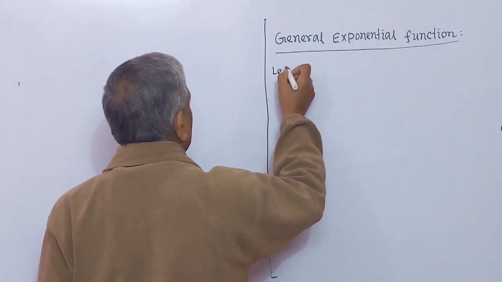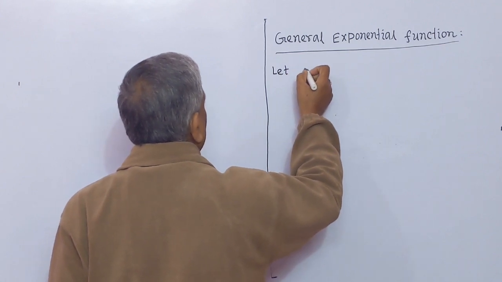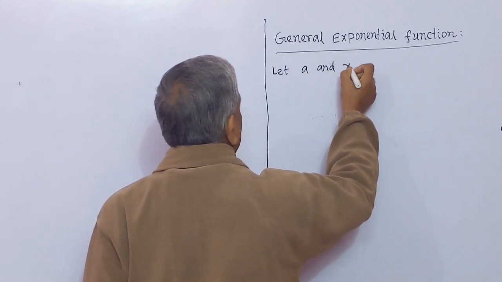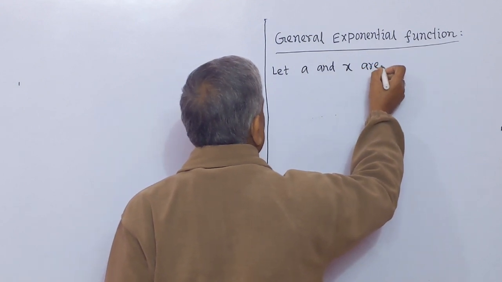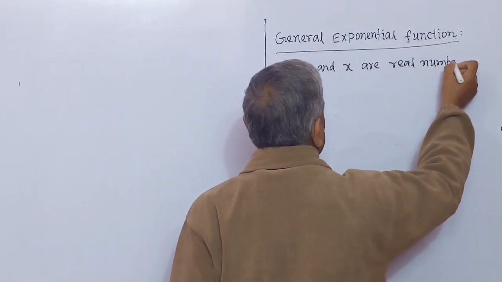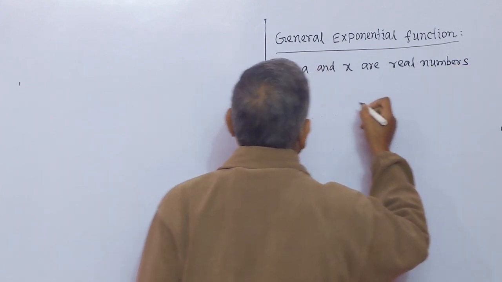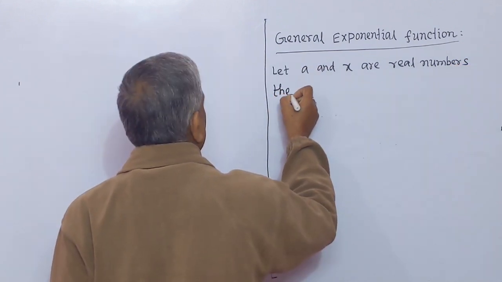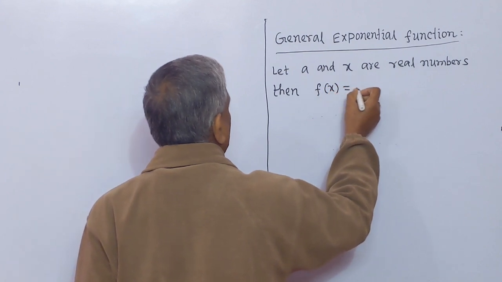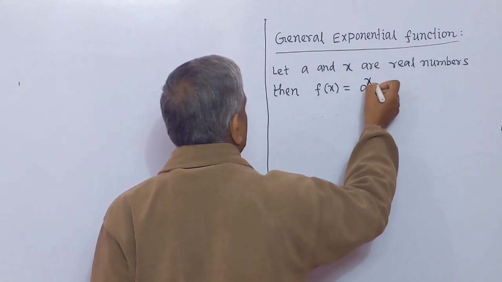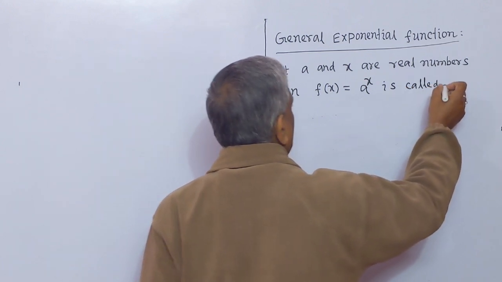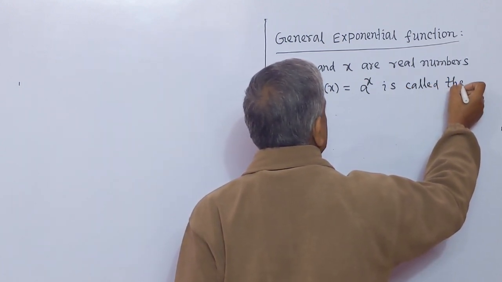Let a and x be real numbers, then the function f(x) = a^x is called the exponential function.